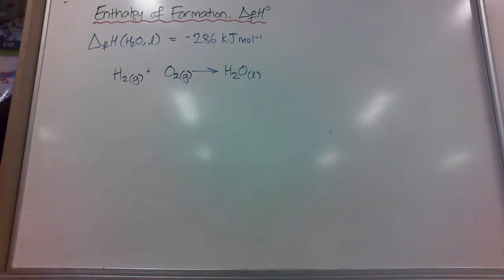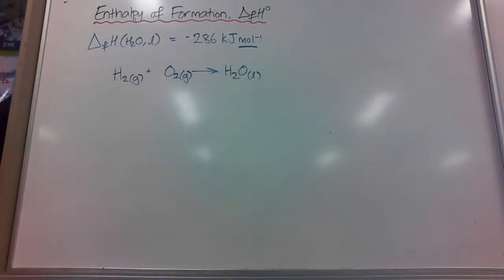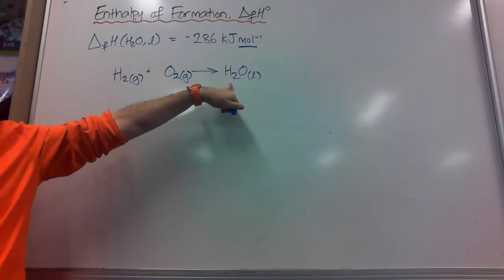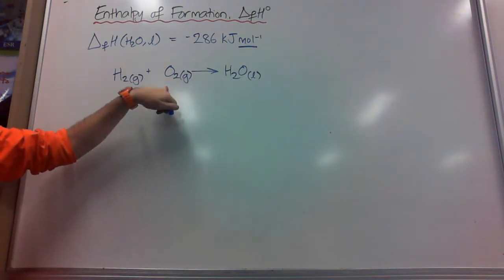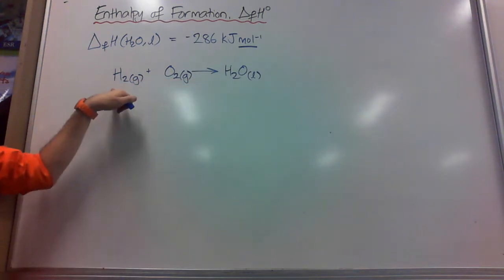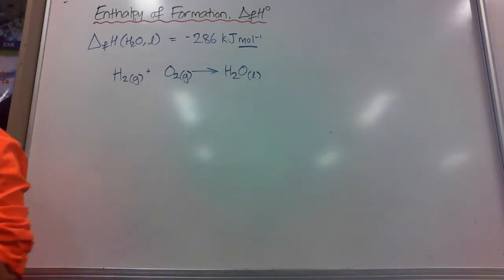This, of course, is not balanced. Now, here's the key thing. It says per mole. It means per mole of water. There's already 1 mole of water shown. So I can't just double this and double this to make it balanced. I'm not allowed to do that. So how do I balance this equation?